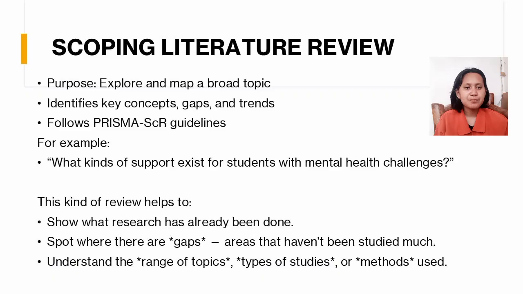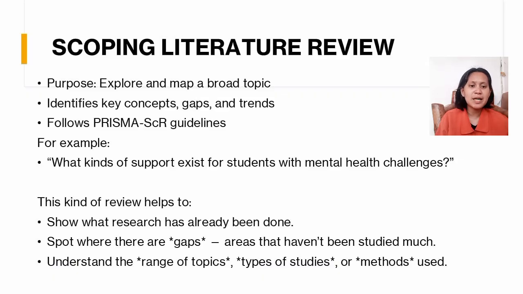Lastly, it helps to understand the range of topics, types of studies, or methods used. So the review also organizes the literature based on themes, types of interventions, and research methods. For example, it might categorize studies based on whether they focus on counseling, peer support, or digital interventions, and whether they use surveys, experiments, or qualitative interviews.